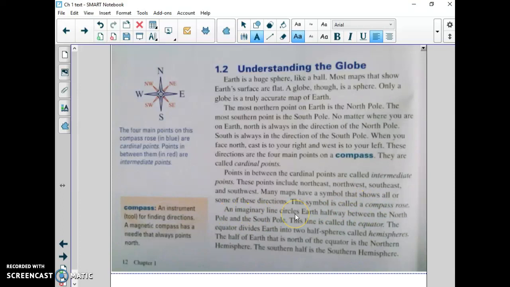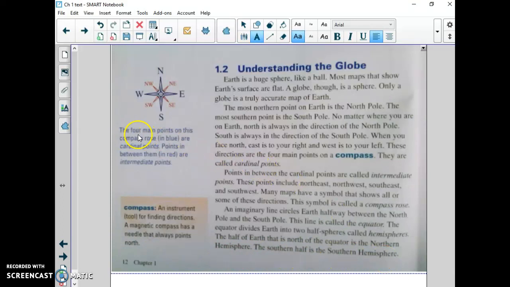An imaginary line circles Earth halfway between the North Pole and the South Pole. This line is called the equator. The equator divides Earth into two half spheres called hemispheres. The half of Earth that is north of the equator is the northern hemisphere. The southern half is the southern hemisphere.